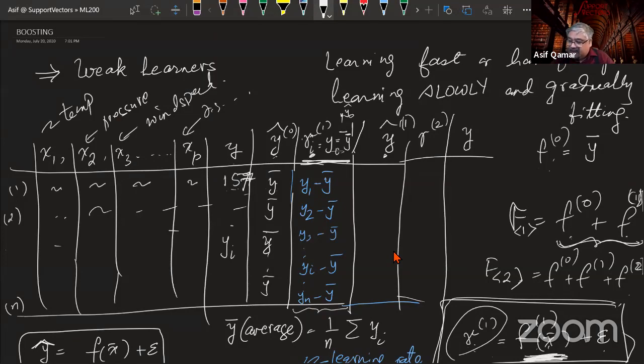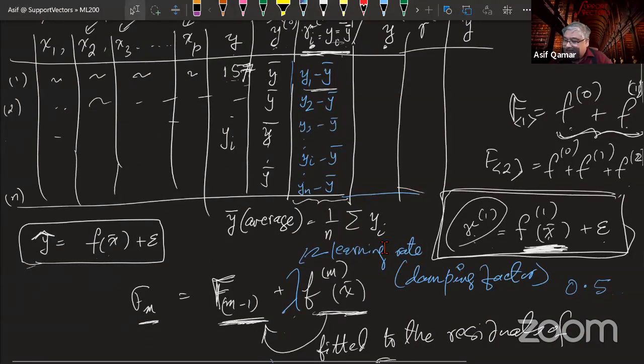That is the prediction from the zeroth model. Next, you look at the residuals that you're left with, yi minus y bar. Thereafter, you try to fit a function to the residuals. That is what your learner is.